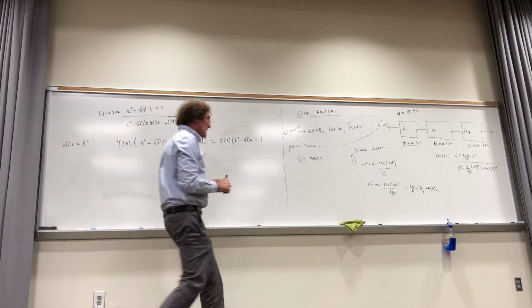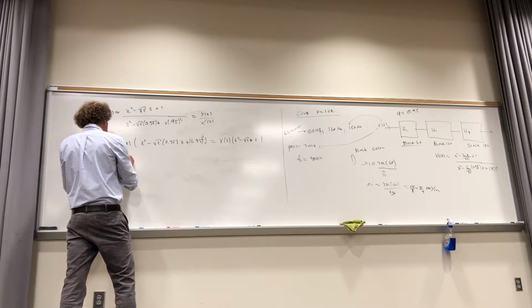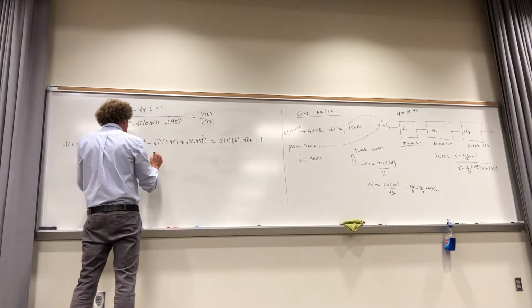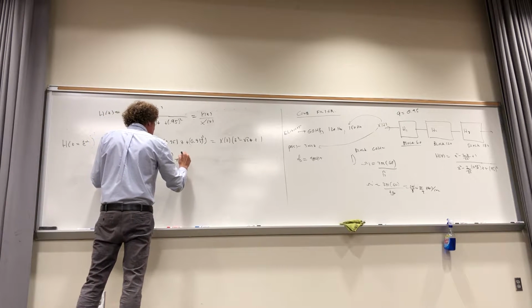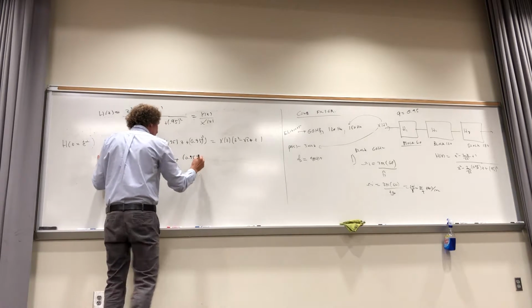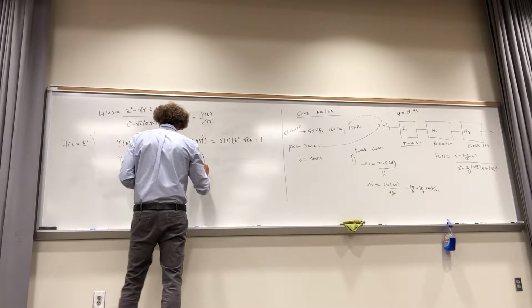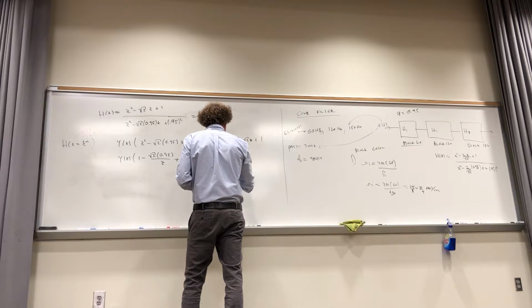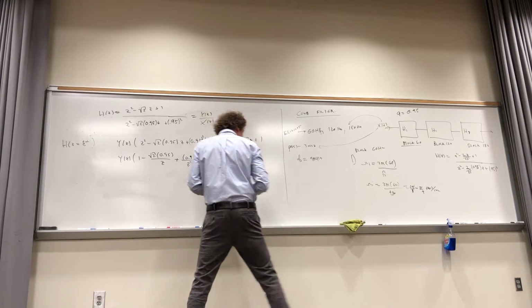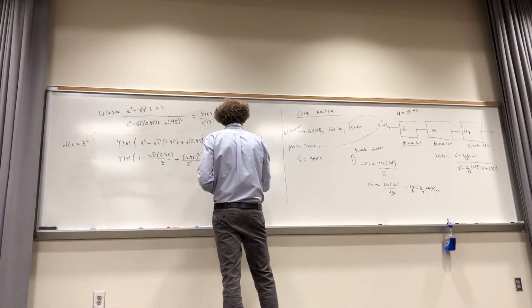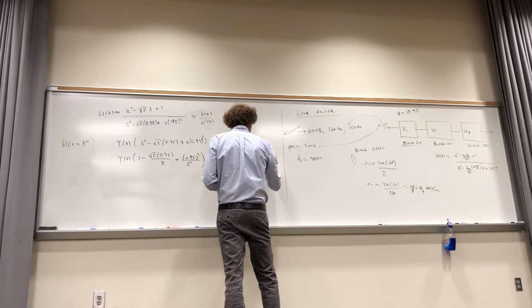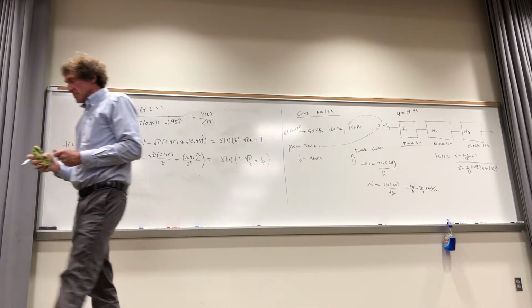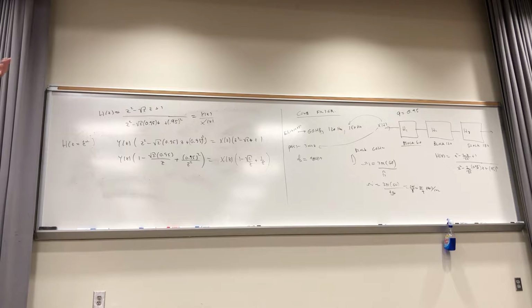So we divide everything by z squared, and now I have y of z times 1 minus square root of 2 times 0.95 divided by z plus 0.95 squared over z squared, equal to x of z times 1 minus the square root of 2 over z plus 1 over z squared. This is just z to the minus 1, z to the minus 2. I chose to write it that way for no other reason than I felt like.